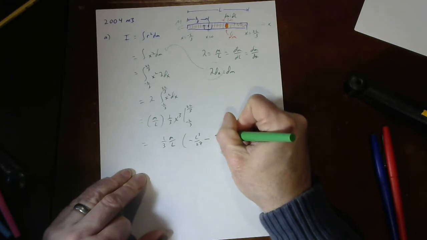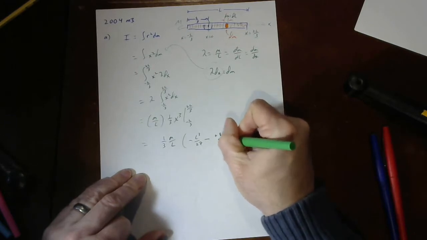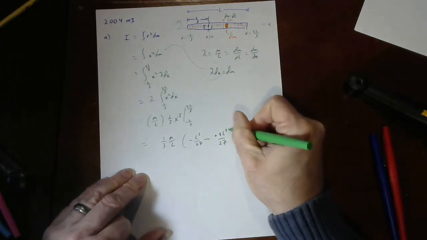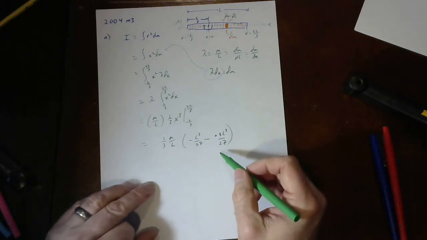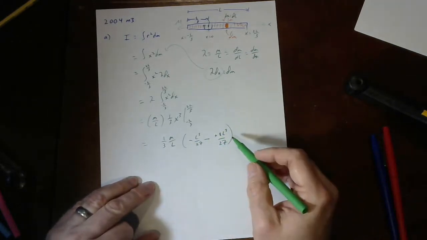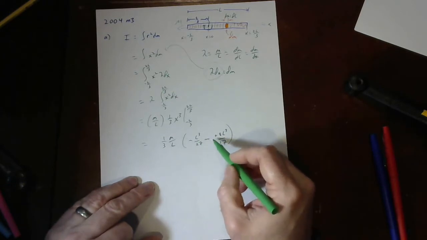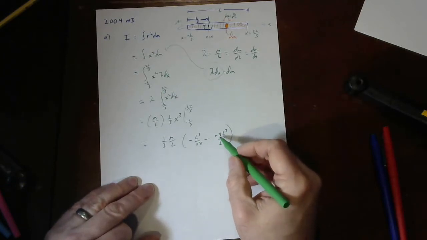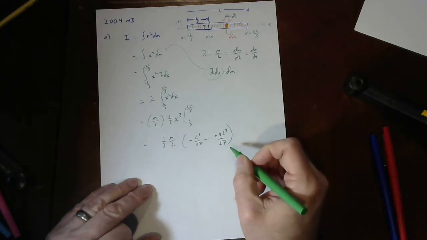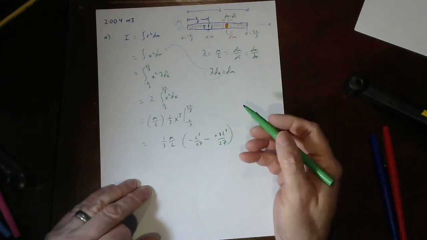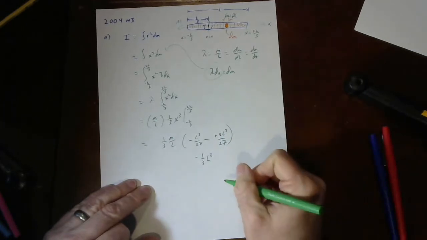I'm sorry, I'm going to get positive 8L cubed over 27, right? Okay. That's strange. Yeah, sure, that's just life. Okay, so when I do this, these are both going to be negative terms. They're going to add together. So I've got 8L cubed over 27 plus 1L cubed over 27. That's going to be 9L cubed over 27. Or if you like, 9 goes into 27 3 times, so that'll be like minus 1/3 L cubed, right?